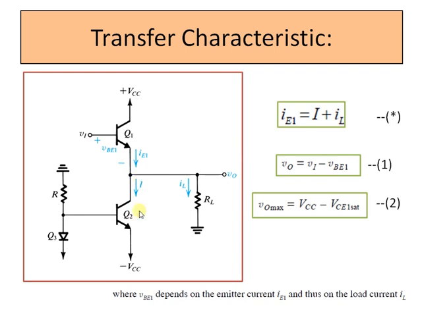The bias current I must be larger than the largest negative load current. Otherwise, your transistor Q1 will cut off and the Class A operation will no longer be maintained. So, we will look at the transfer characteristics of the emitter follower and derive the equations.